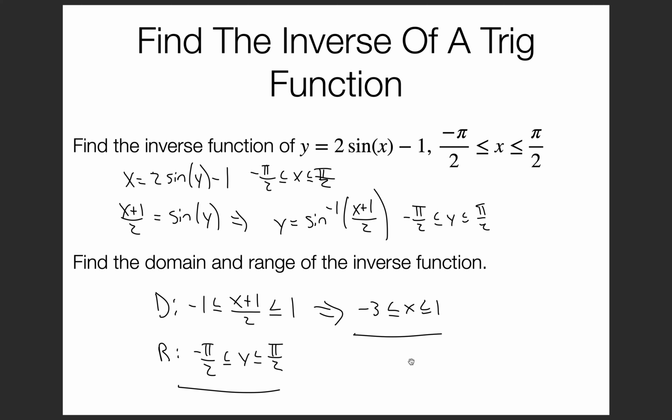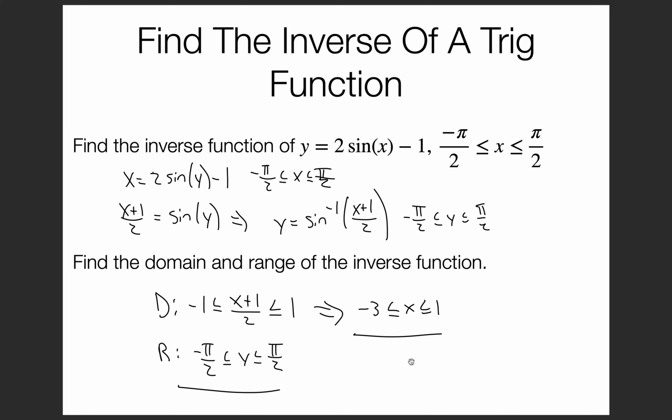The range is right there: y is between negative pi over 2 and pi over 2, but the domain is a little different. The domain usually is whatever's on the inside has to be between negative 1 and 1. Usually it's just an x, so you say x is between negative 1 and 1. But now I have a formula in there that I need to solve for x.